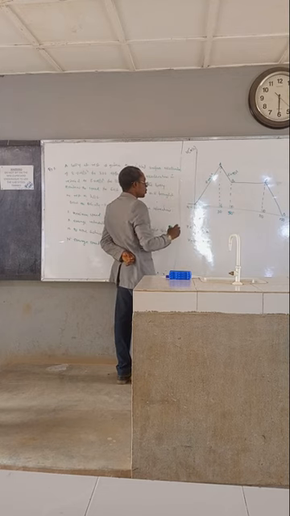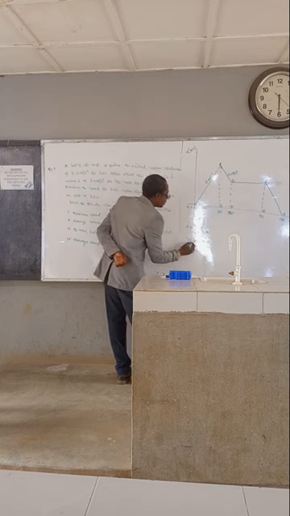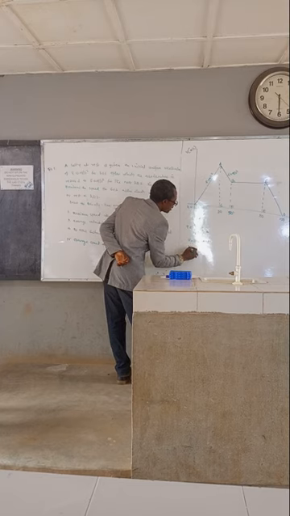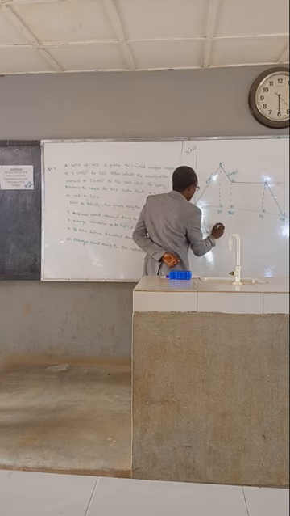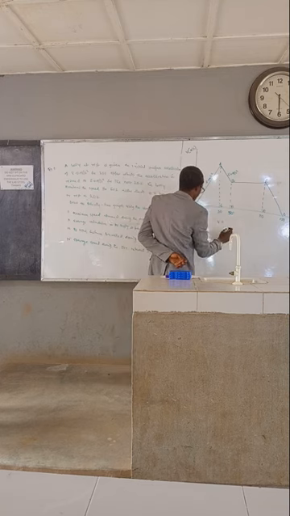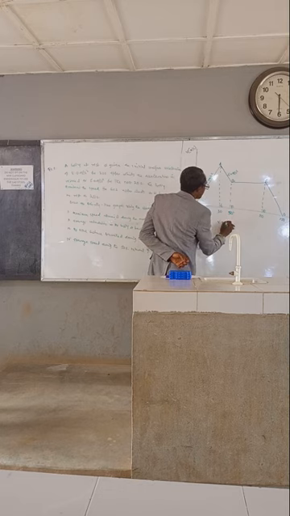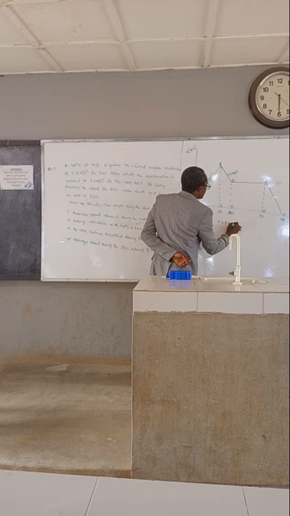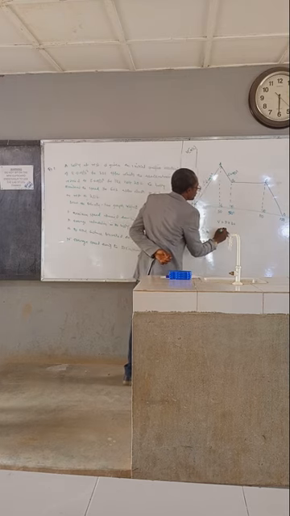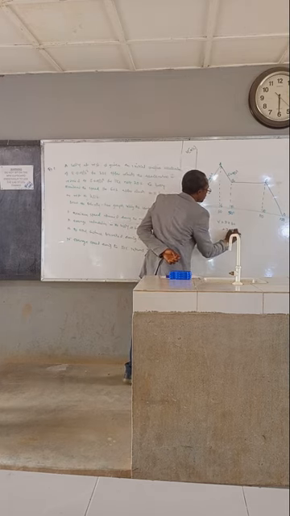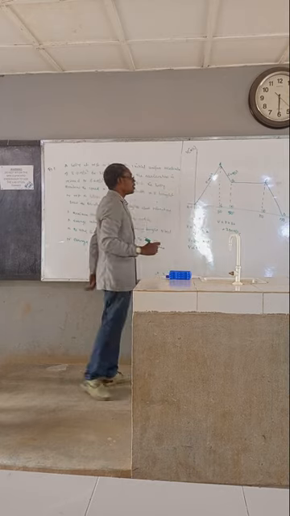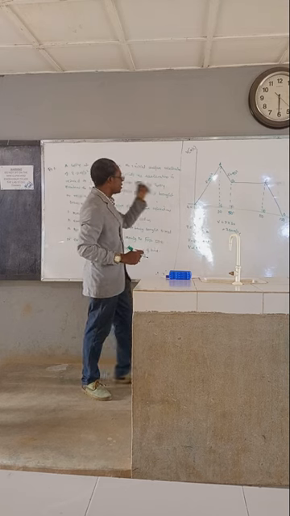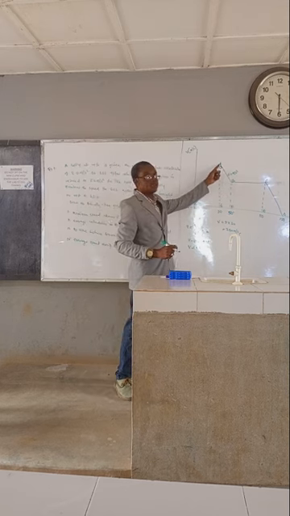Since u is 0, v is equal to the acceleration of 8 multiplied by the time of 30 seconds, which gives you 240 meters per second. That is the maximum speed that was attained at this point.